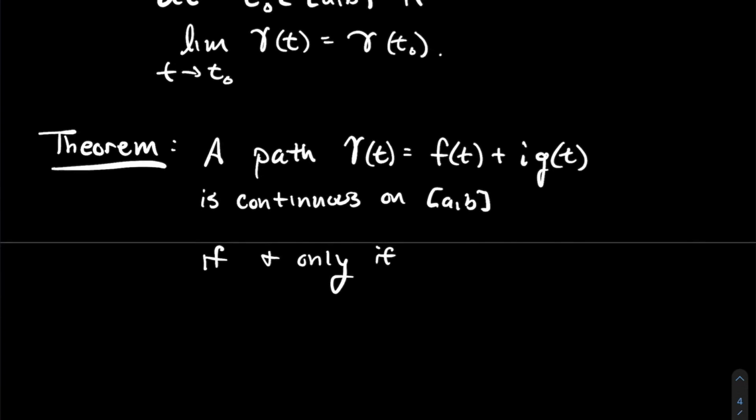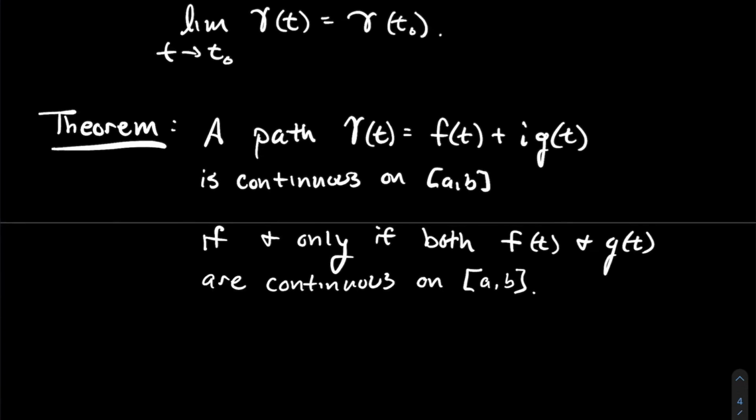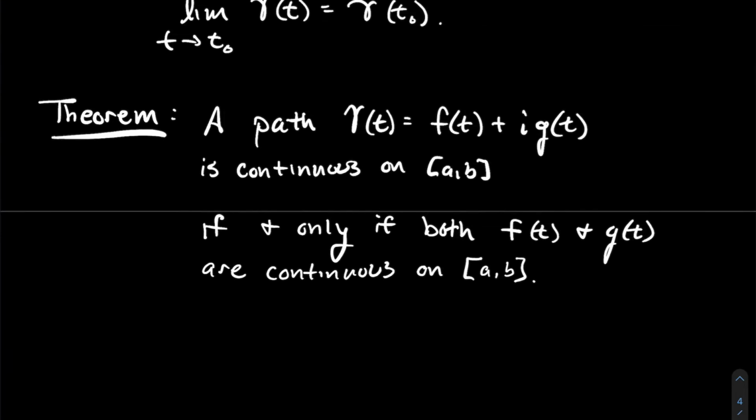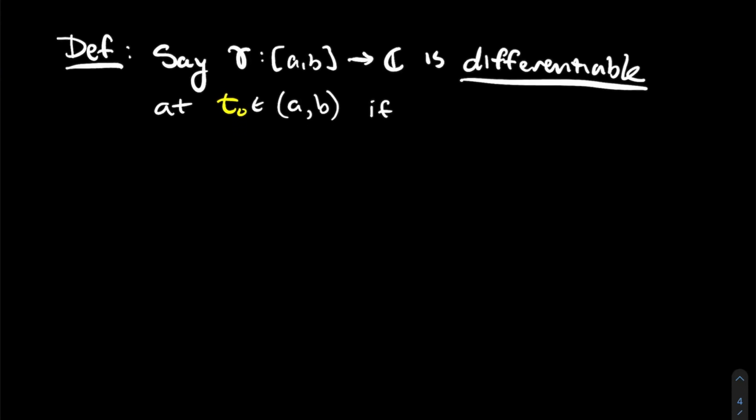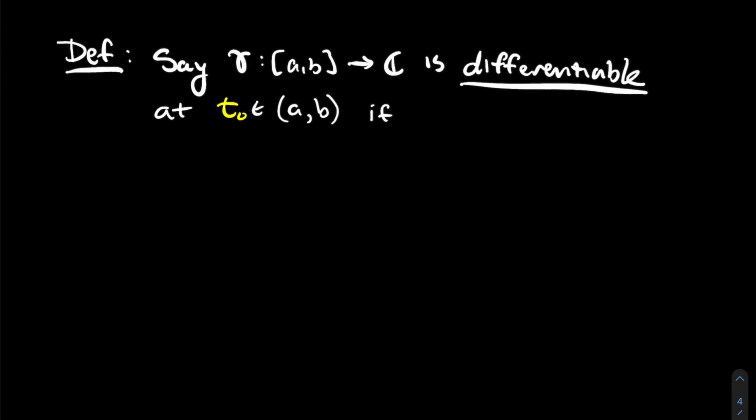Well, it's continuous on this interval if and only if both f and g are continuous functions on [a, b]. So you just need to look at its components. If f and g are familiar functions from a calculus class, then you can take for granted that those are continuous, because they are those functions from calculus class. We're just using them as coordinates of a point. Another definition that's calculus related.